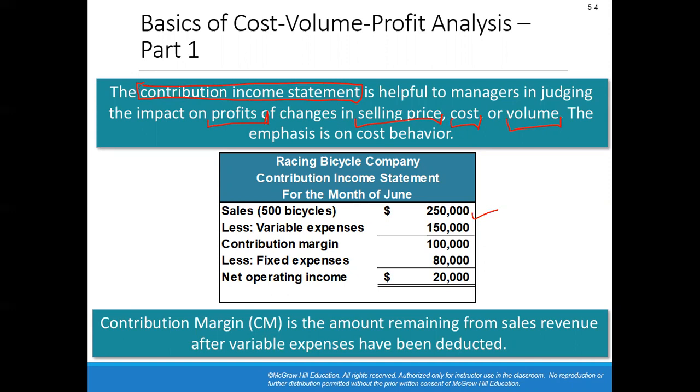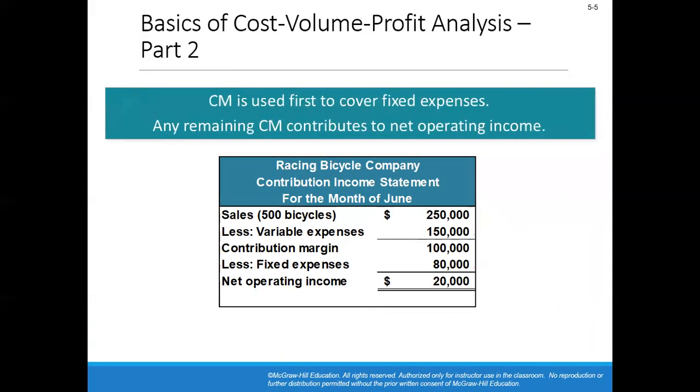And if we subtract their variable expenses of 150,000, we see their contribution margin, and they incur this fixed cost, and they have this remaining net operating income of 20,000.